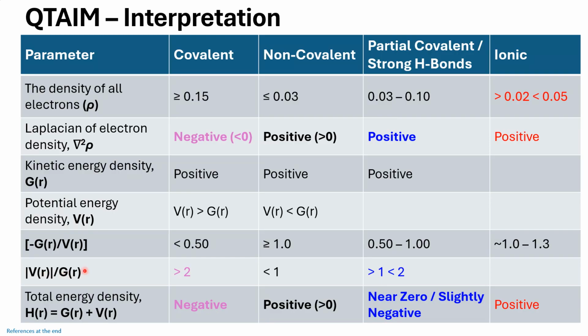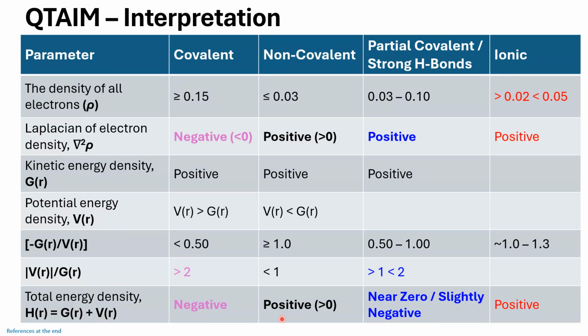It's just the opposite, but you have positive numbers. If this value is less than 0.5, the bond is covalent, and if it's greater than 1, it's non-covalent. If it's in between, it's partial covalent. Similarly for this one, if it is greater than 2, it's covalent, less than 1, non-covalent. If it is in between, then it's partial covalent, or some strong H bonds also fall in this region.